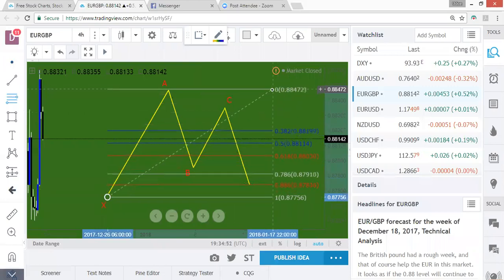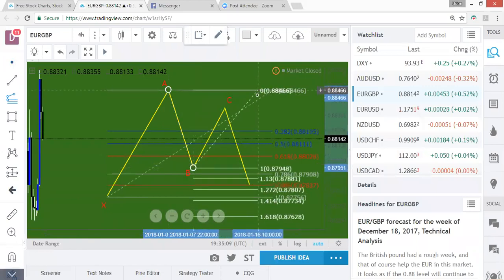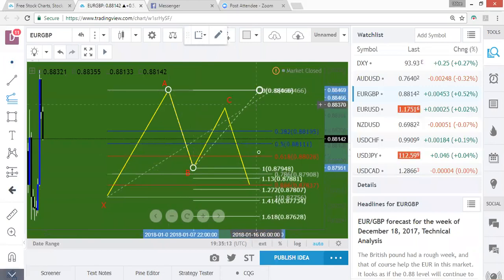We'll be looking to see confluence around the 786. We can see that it broke past the 786. It's hitting this 886 right now, but that's fine. So we're going to use the Fibonacci extension. We're going to go from A to B, back up to A. And we would have been looking for the 127.